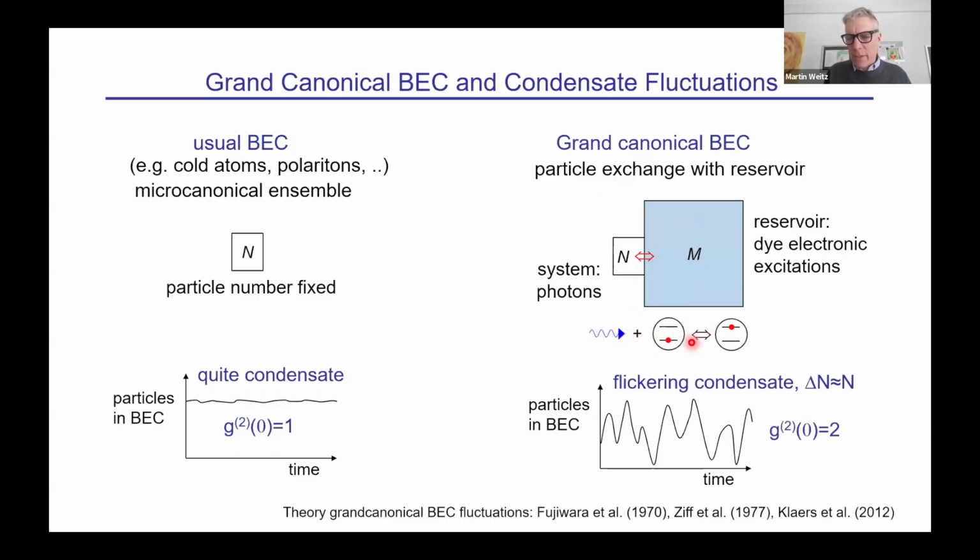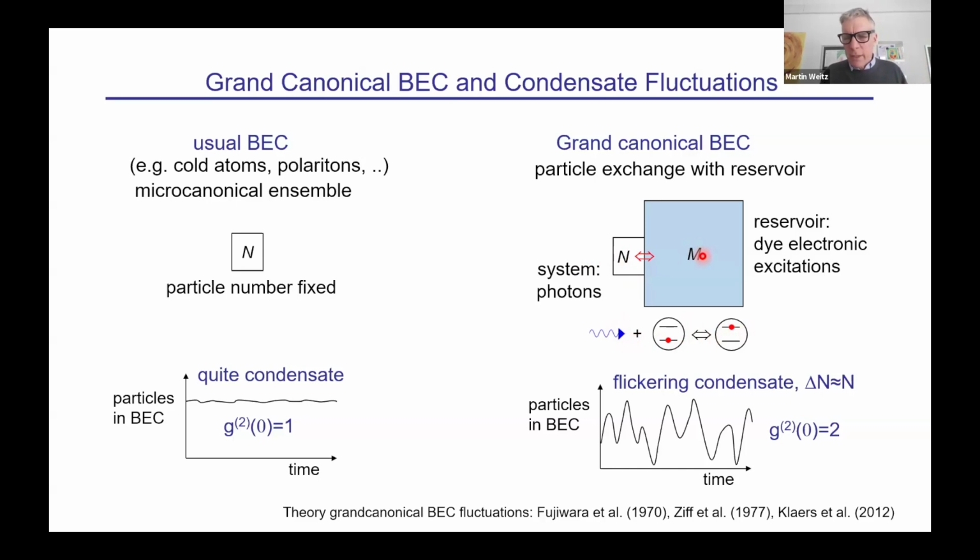One can write that as a photochemical reaction where one goes back and forth between absorbing a photon and emitting a photon, which converts simultaneously a ground state dye molecule into excited state dye molecules and vice versa. And this is precisely the situation that we can write as a system of photons that's coupled to a reservoir with which not just energy but also photon number, the excitation number, is exchanged.